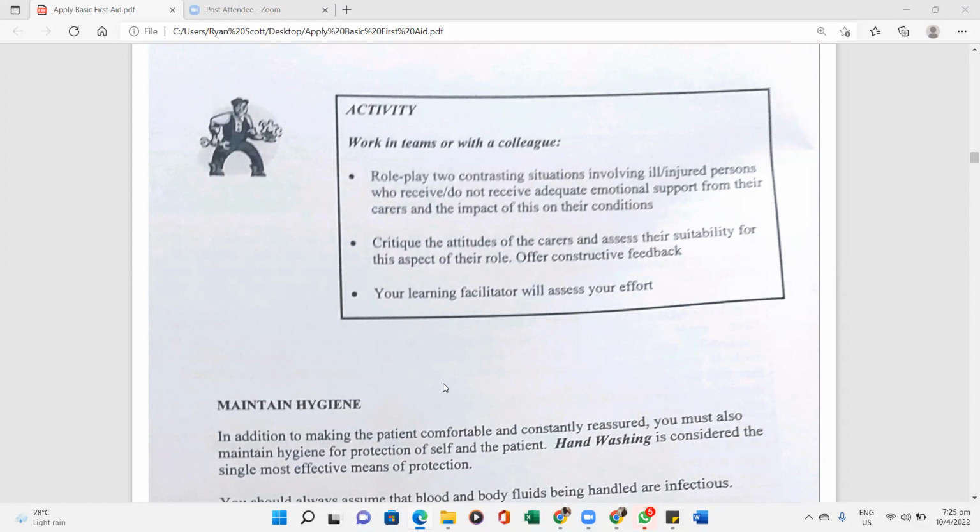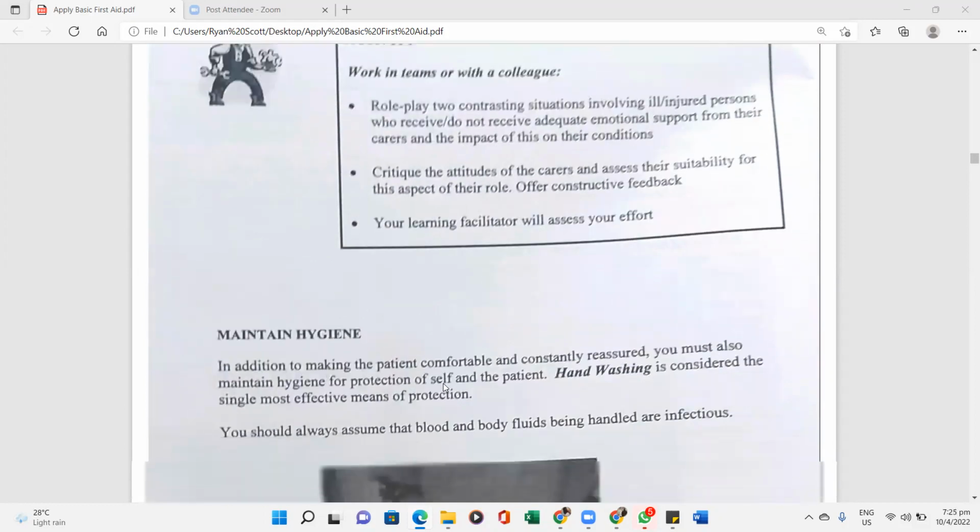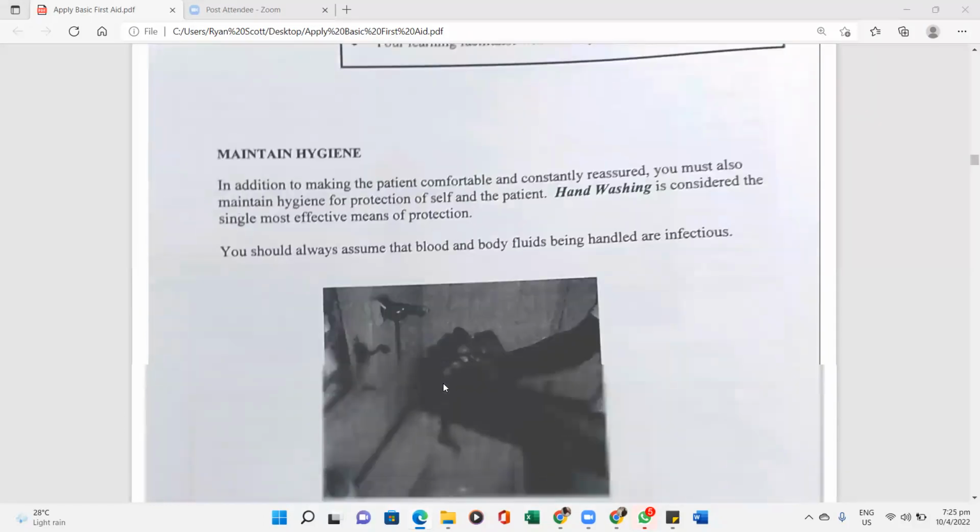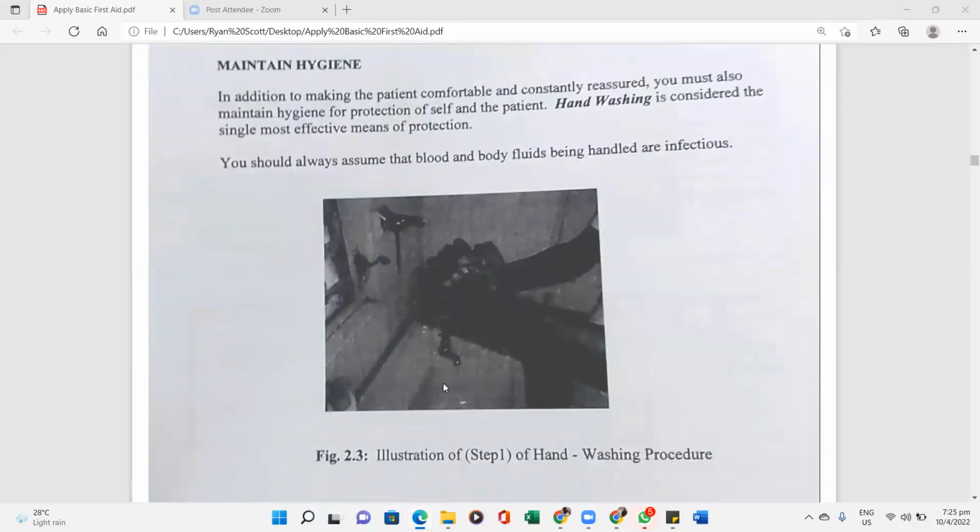All right, scroll. You have to maintain hygiene, and we already know about hygiene. You're supposed to wash your hands, and it's considered the single most effective means of protection. You should always assume that blood and body fluids being handled are infectious.